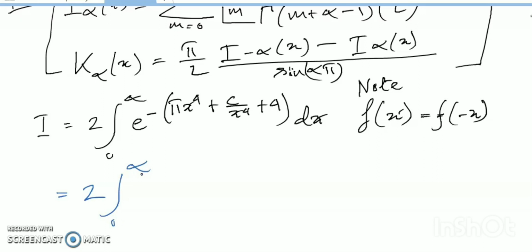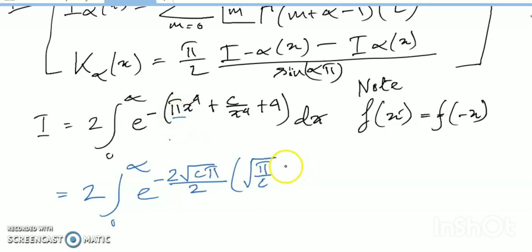We can write this equation in this way: e to the power 2 root over c pi, divided by 2, and root over pi by c. Okay, pi by c, this portion will become pi.